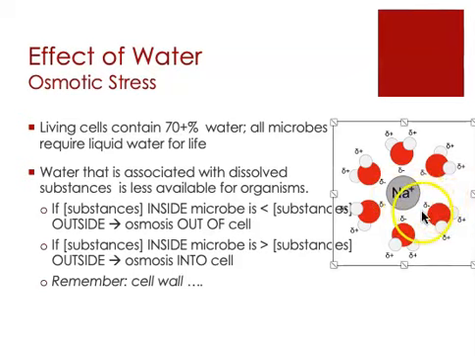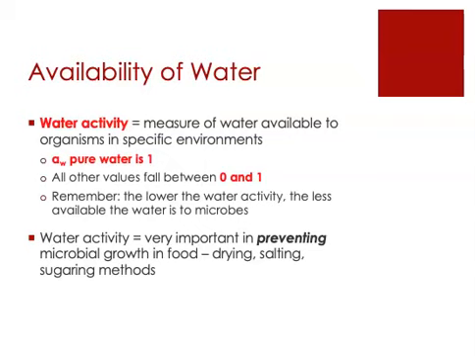It's interesting because fungi are not nearly as affected by water activity as bacteria are. Probably because fungi tend to grow on the surface of foods, not in the interior the way bacteria tend to grow. A good example of this sugar effect can be seen in foods like honey and foods like maple syrup, even jams and jellies.